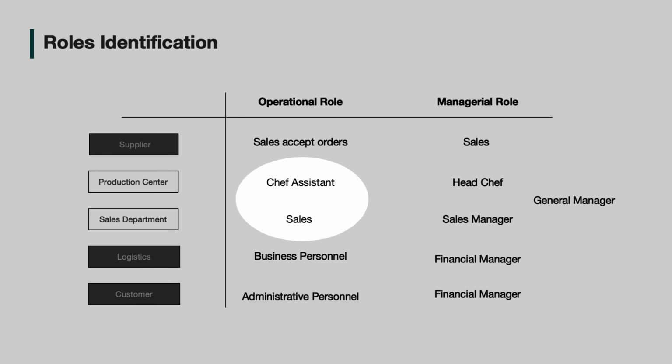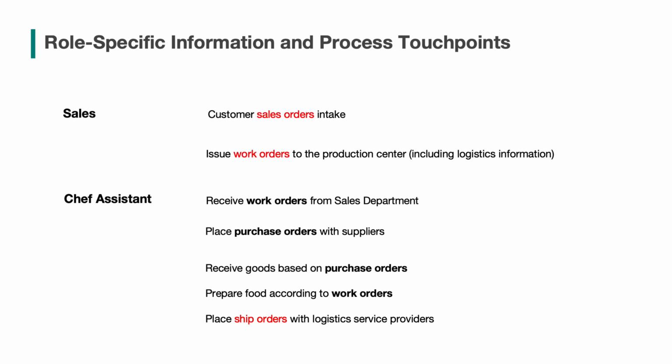Here, we'll begin by using two operational roles, chef assistant and sales, as examples to illustrate how to map out the information and process touchpoints for different roles. Sales and chef assistant are operational roles. Their data and process touchpoints are often concrete, involving the collection and entry of raw data, as well as initiating specific business activities. The sales key business activity is accepting sales orders and issuing work orders to the production center.